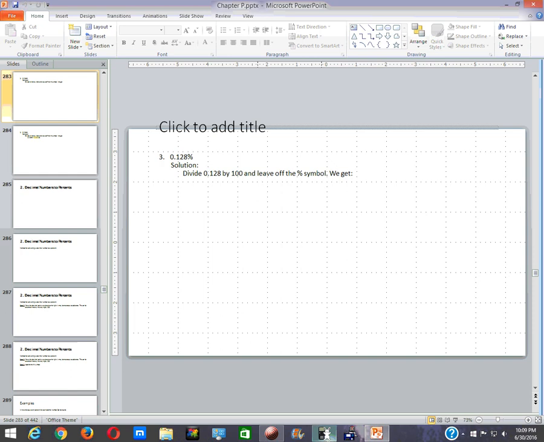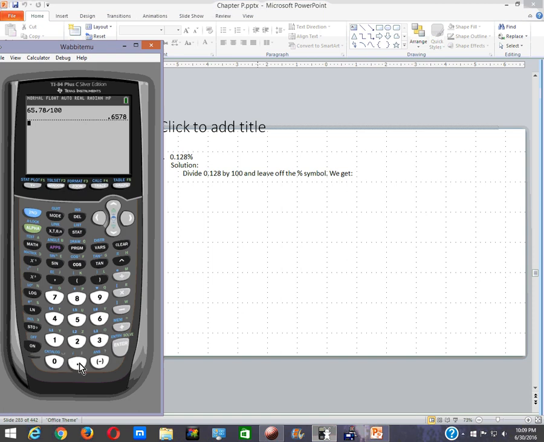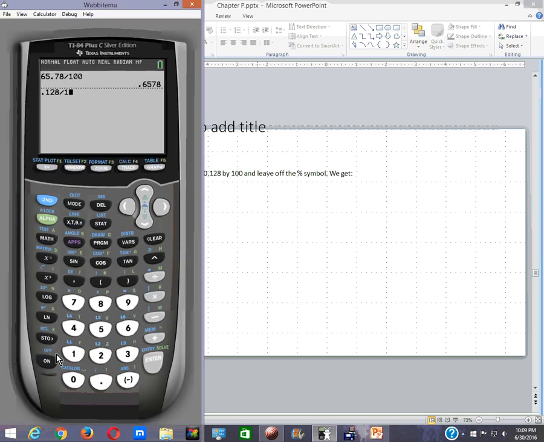Again, you're going to do 0.128 divided by 100 and leave off the percent symbol. So 0.128 divided by 100 is 0.00128.